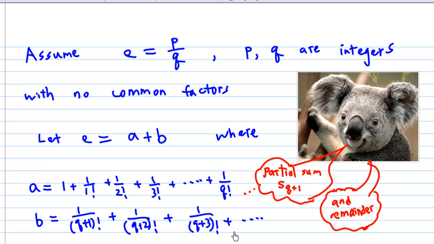So a is actually the partial sum of the first q plus 1 terms, and b is the remainder. So e is equal to a plus b.